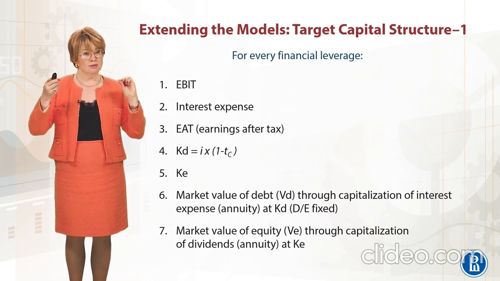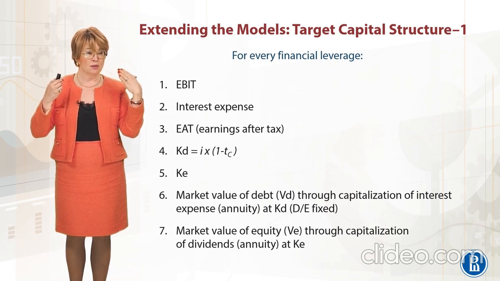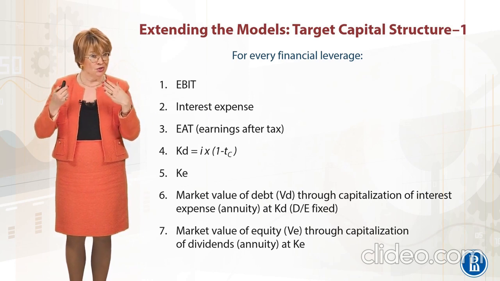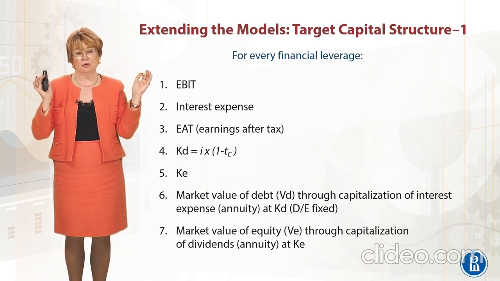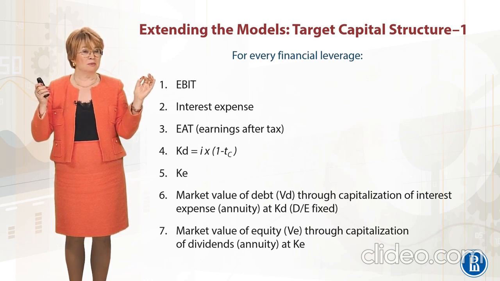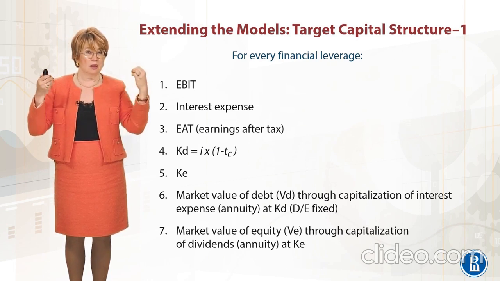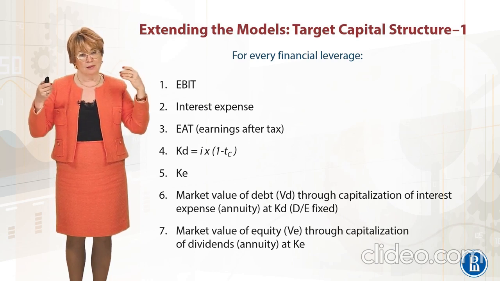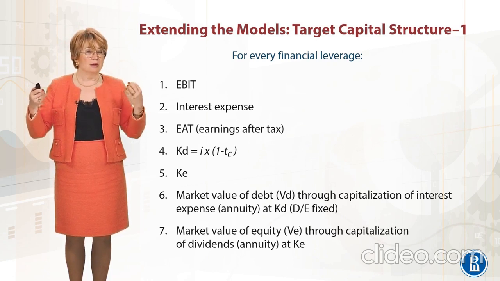So step number 6 and step number 7 are similar in terms of the assumptions. No growth strategy will lead to no changes in the interest expense in monetary terms. They become constant, all these payments to debt holders, and the dividends also become constant, each time equal to the earnings after interest expense and after tax.